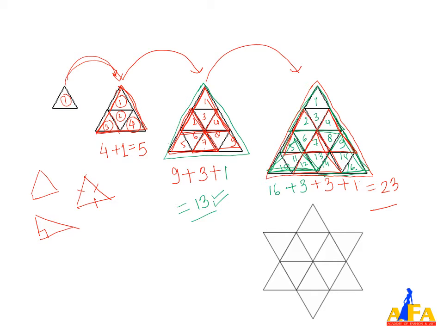The total number of triangles is 23. Also, you have to keep in mind there are bigger triangles, which you can see, these triangles are also 3. So 3 more becomes 26. So the total number of triangles is 26.